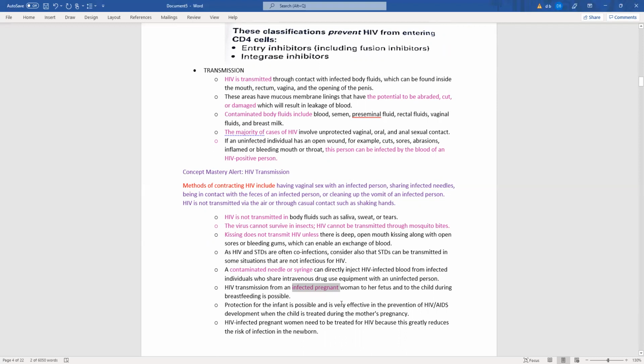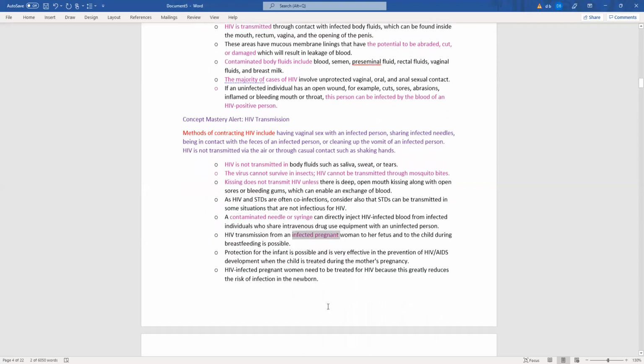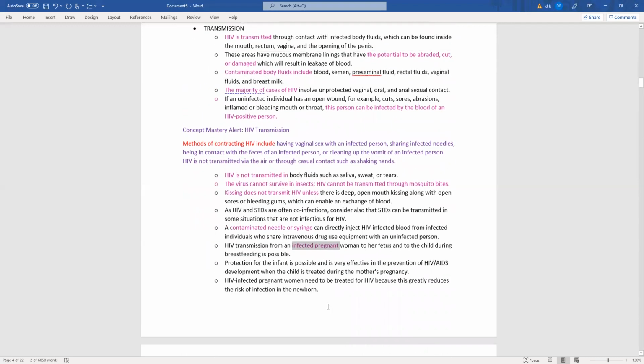So they can prevent a mother from passing it on to a child if she gets on the proper medicines and does what she needs to do while she's pregnant, while that baby's inside of her. So protection for that infant is possible and is very effective in the prevention of HIV development when the child is treated during the mother's pregnancy.